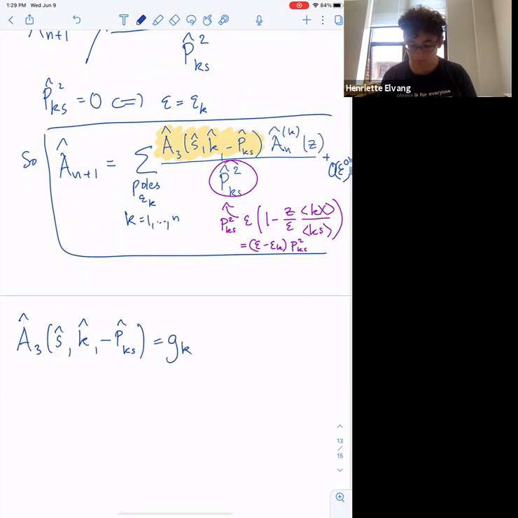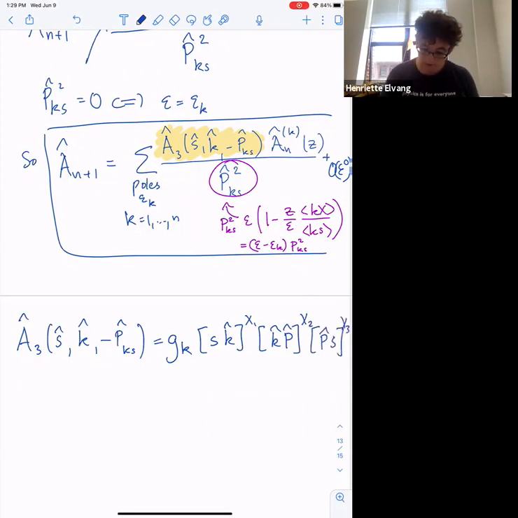It's going to be some coupling, which can be different for different Ks, so I'll give it a subscript K. Then times S square bracket with K to some power x1, K P. I'll drop the subscripts on P just to keep it simple. And then P hat S to some power x3. And we know from last time from our little group scaling that the x's depend solely on the helicities of the free particles involved.